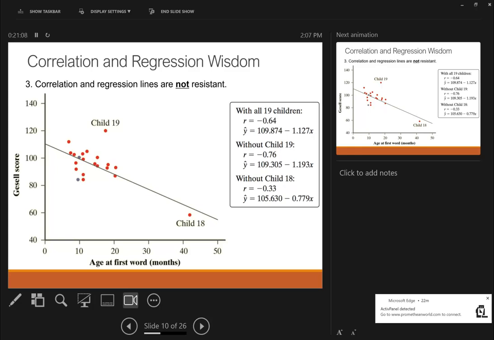Child 18 is quite close to the line of best fit. That's actually helping you out a lot, as opposed to child 19, which is very far from the line of best fit, which is not helping you out. Of course. Is everybody okay with that? So just because something's an outlier doesn't necessarily mean removing it's going to help your R value. Makes sense. Okay?